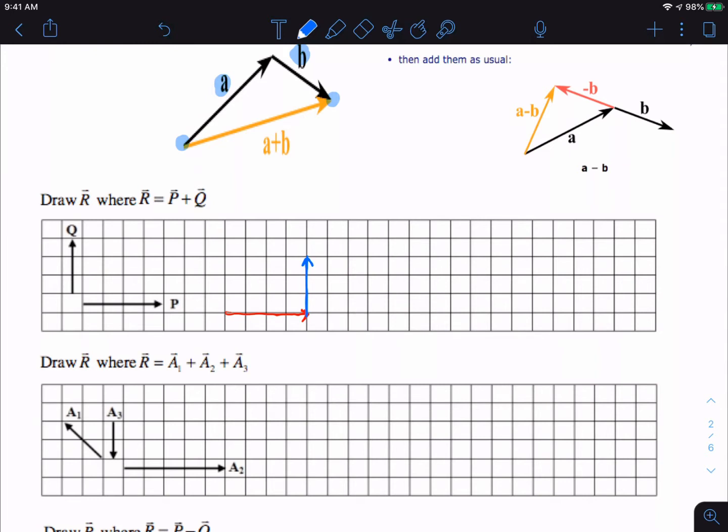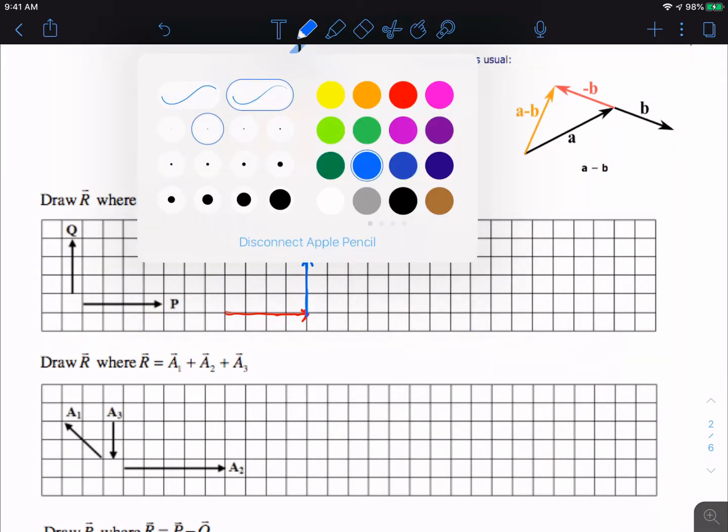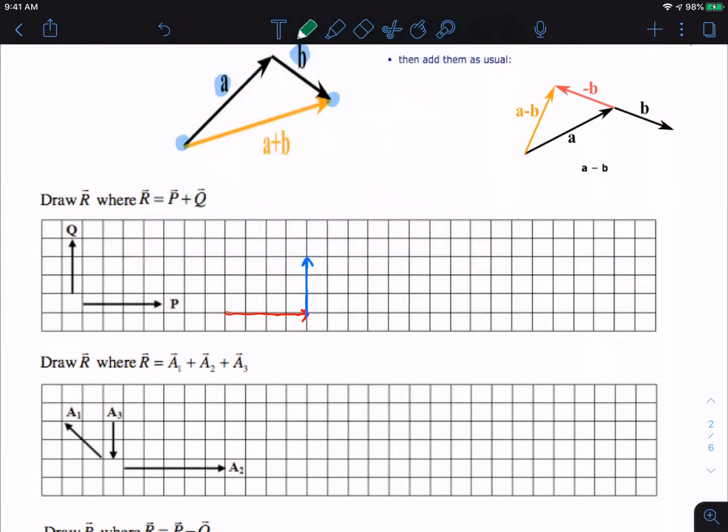Right? And then the result is from the tail to the head. So this green is my vector R. Are you guys okay with that?